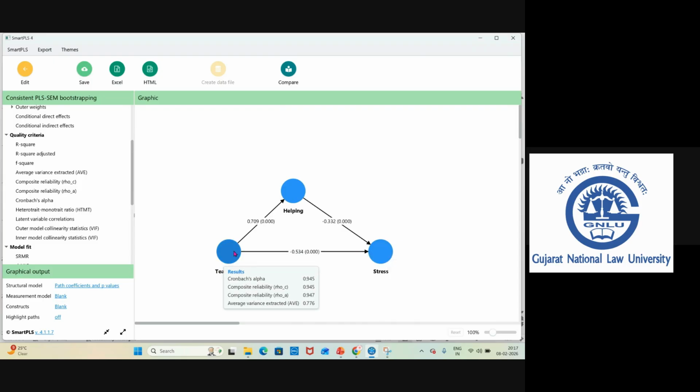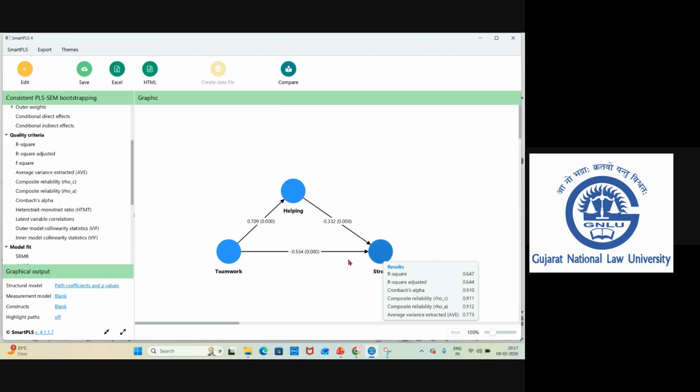Second one, when we have a good team, how much is team going to influence the helping behavior? 0.70, and it is a significant result. Similarly, helping behavior influencing the stress, minus 0.33. If you have more helping behavior, less stress level.